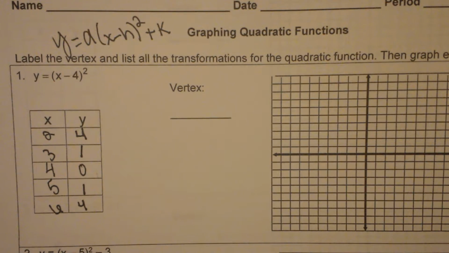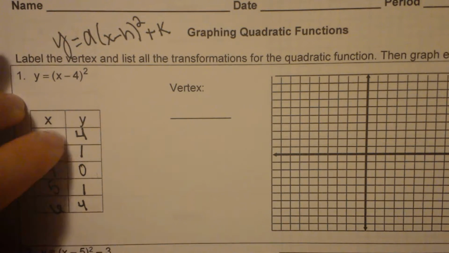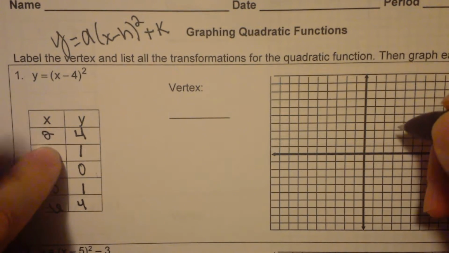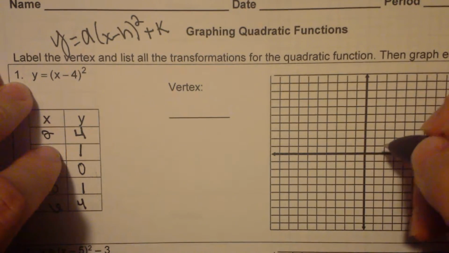So transformations from my parent function. The parent function is y equals x squared. x squared starts at 0, 0. I'm going to start graphing the parent function, and then we can look at how my function is transformed.